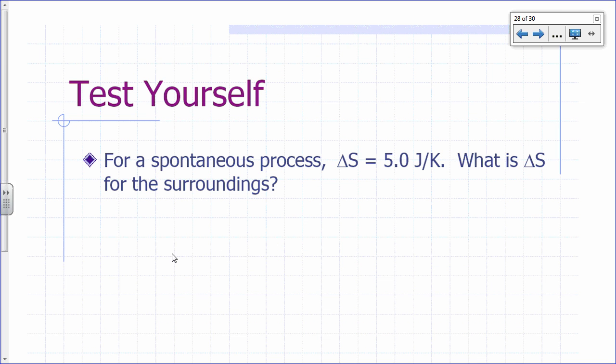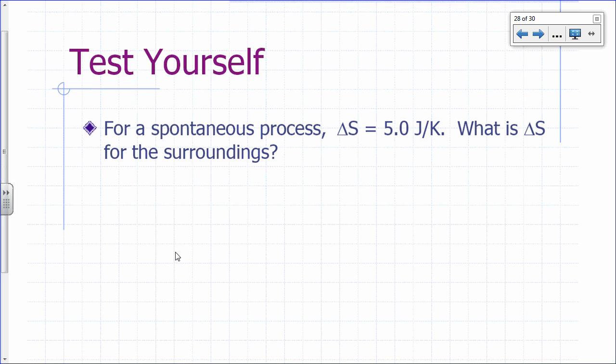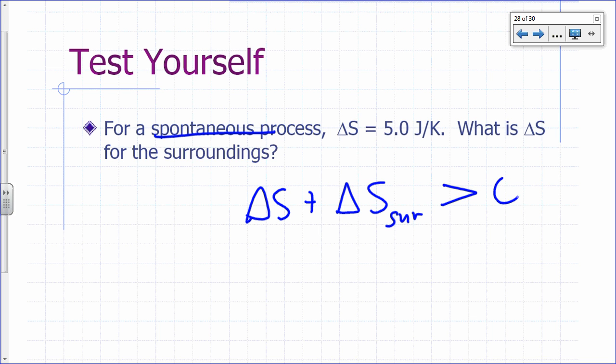How about this one? Spontaneous process, delta S is 5 joules per Kelvin. What's the delta S for the surroundings? Positive or negative? So delta S plus delta S surroundings. What's the condition for it to be spontaneous? Positive, right?